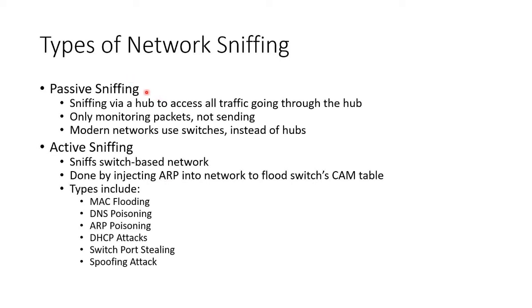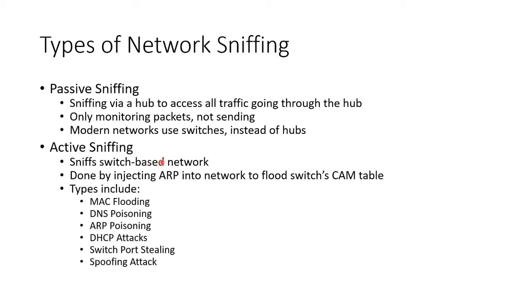You can sniff passively, just sit there quietly, and only monitor packets. You don't send anything. But that only works on something like a hub. On a switch or an access point, you need to be a little bit more active. So if you want to sniff things on a switch, now we know this from Network Plus, switches will forward traffic only out certain ports.